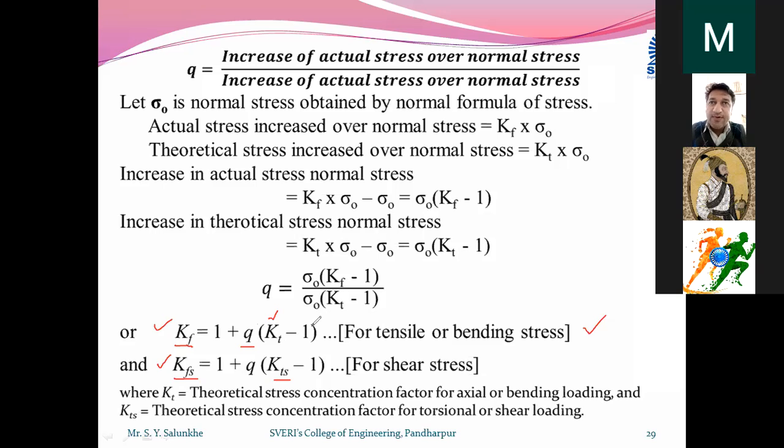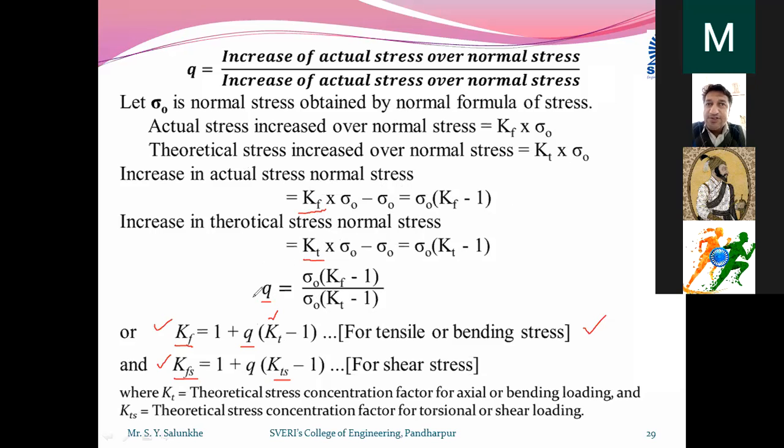Okay, now once you are able to calculate this theoretical stress concentration factor and actual stress concentration factor, Kf is actual, Kt is theoretical. Now we have conducted these two experiments, one is tensile test and second one is endurance test. Okay, so based on these values which we are going to get, we can go for calculation of notch sensitivity.